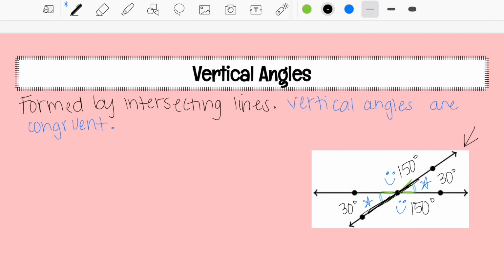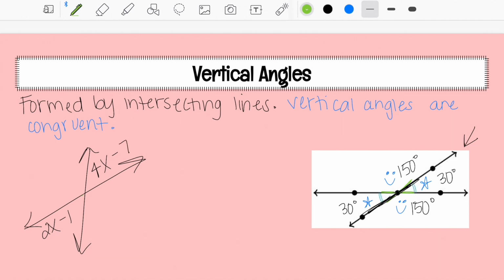And what this would look like for you guys is you would have a pair of intersecting lines, and you would be given that 2x minus 1 would equal 4x minus 7.